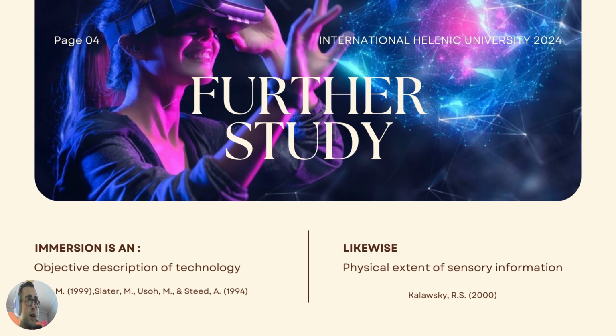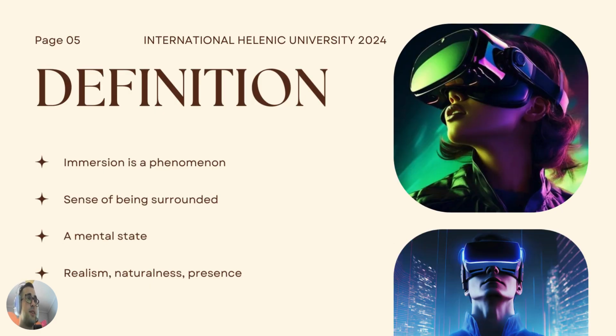Moving on, let's see the definition of immersion. Immersion, as we said before, is a phenomenon, is the sense of being surrounded, is a mental state, and we can characterize this definition with realism, naturalness, and presence.